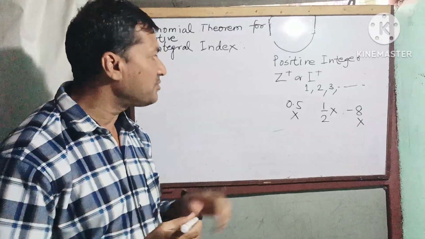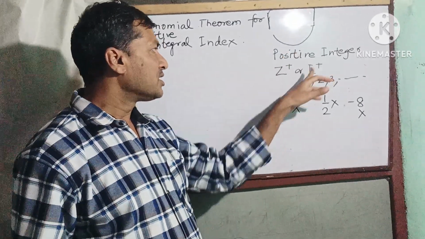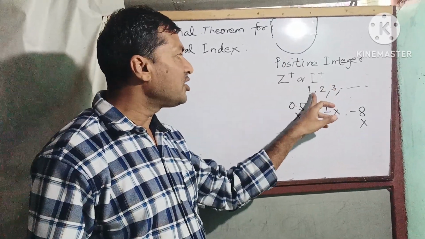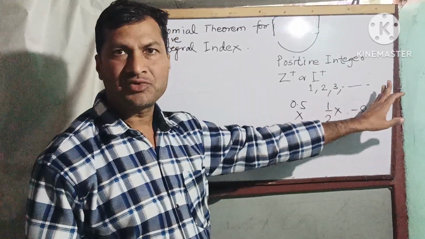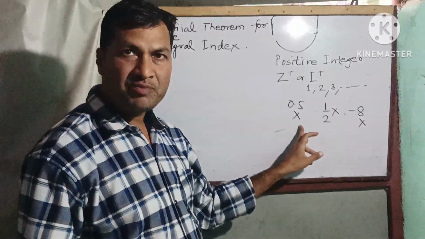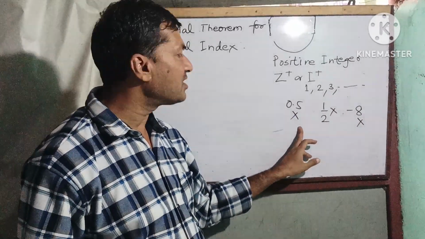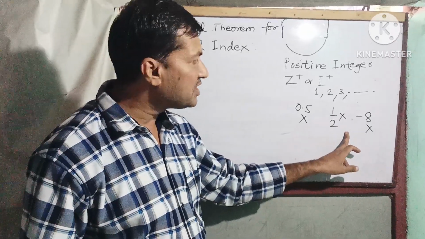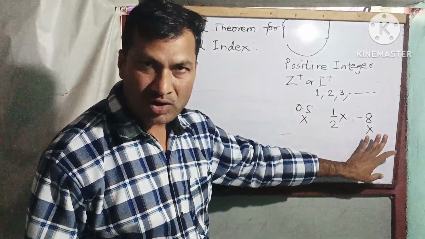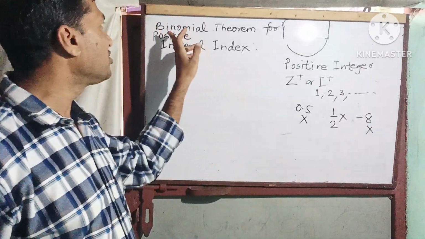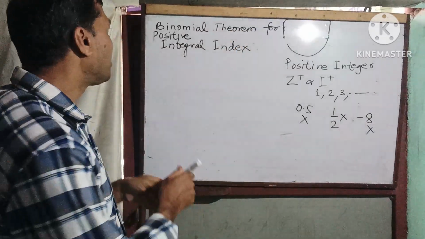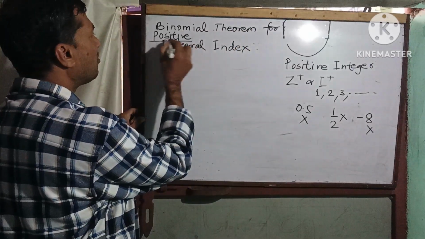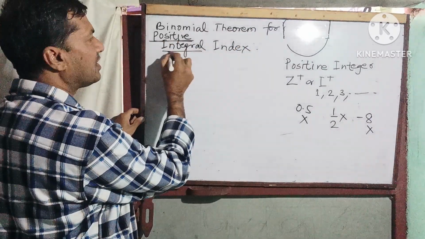So we should not be confused. Positive integer means simply 1, 2, 3, 4, and so on. So today we are going to deal with the binomial theorem only for positive integral index.